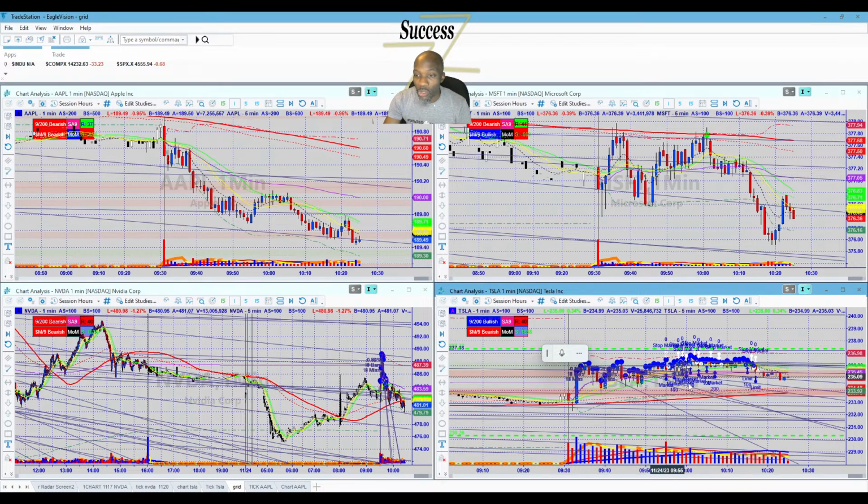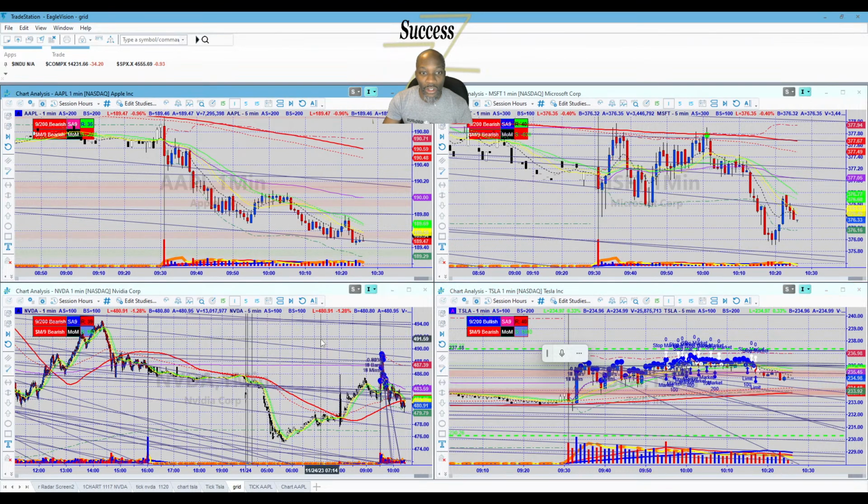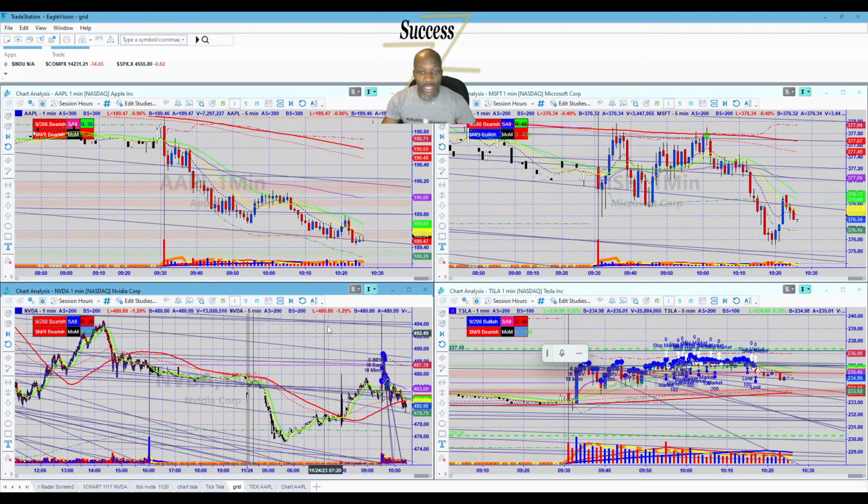But like I said, the blue dots here signify that it's trying to get some strength moving up. The green dots indicate that there is a trend, and all these large cap tech stocks for the day, Apple, Nvidia, Tesla, and Microsoft, I'm not seeing anything that's really trending up, because none of them have green dots.